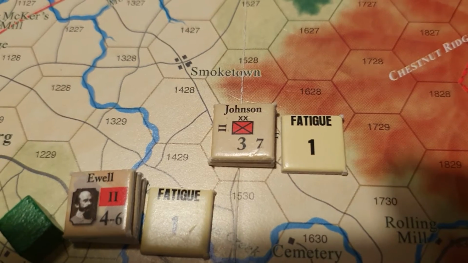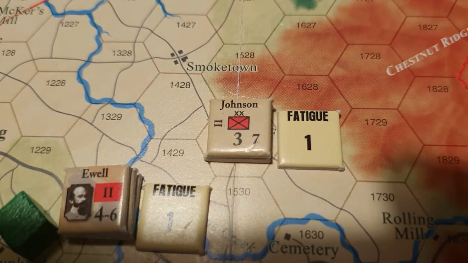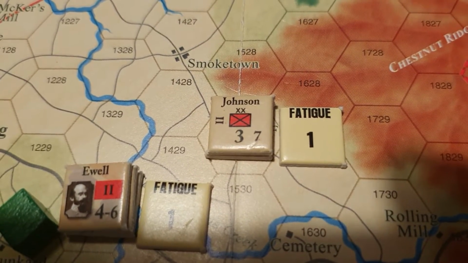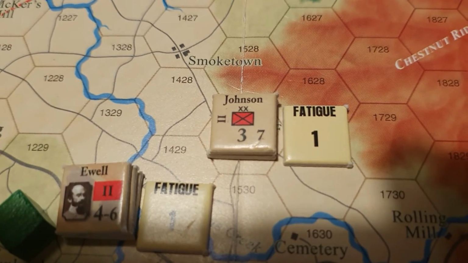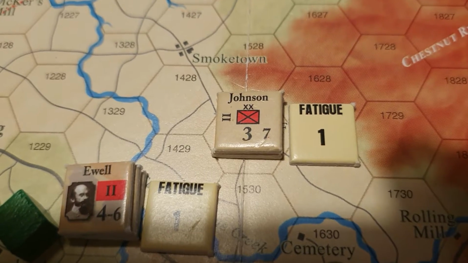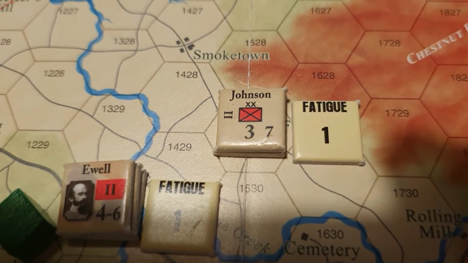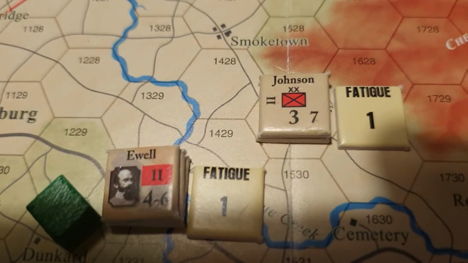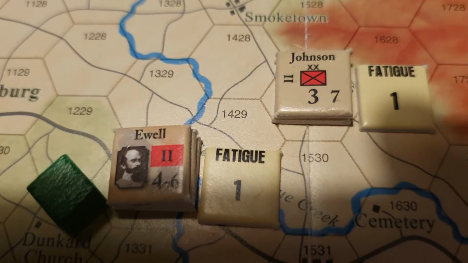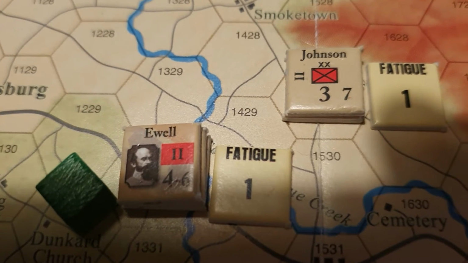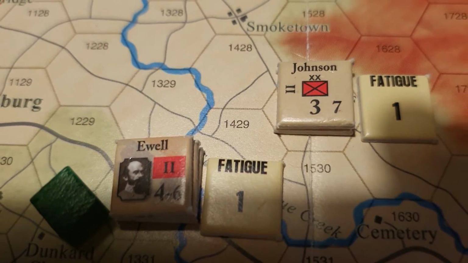There's a 3, which is a tactical value, and a 7, which is your artillery value. You've got a NATO symbol, the crossed red thing, which shows you that's infantry. The red coloration shows that it's actually part of the 2nd Corps, so it's easy to identify which units are subordinate to which commanders.